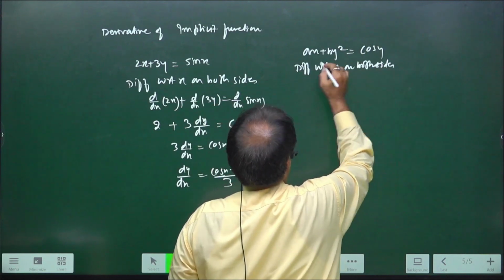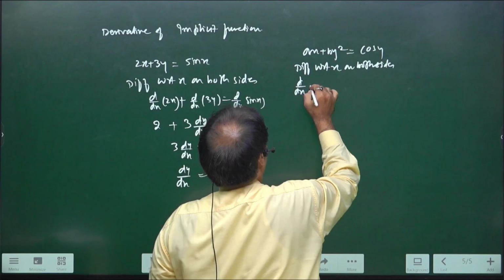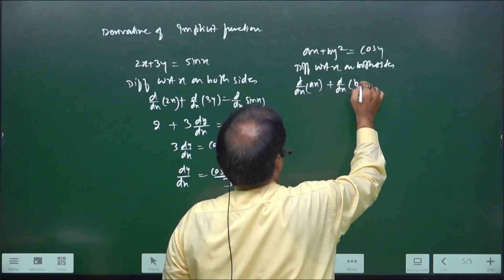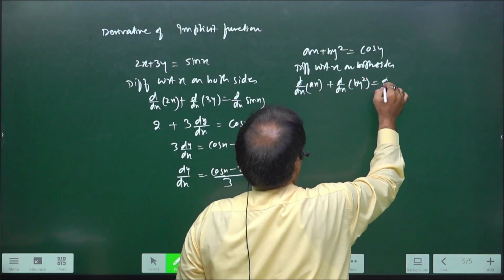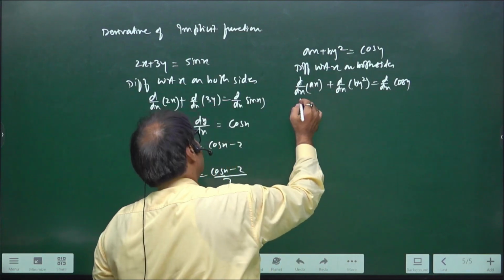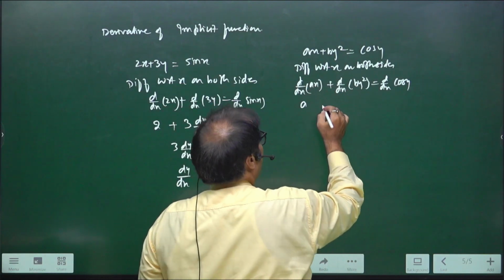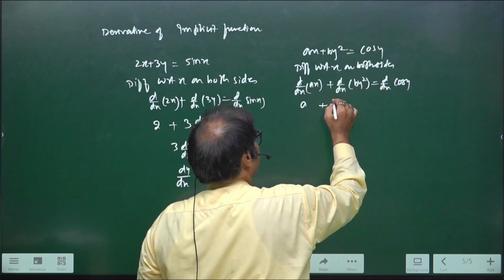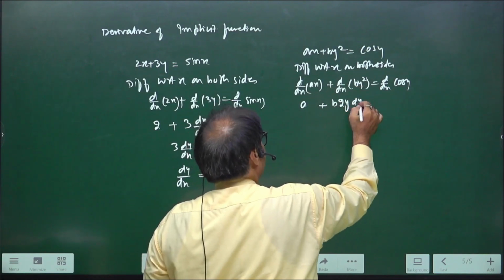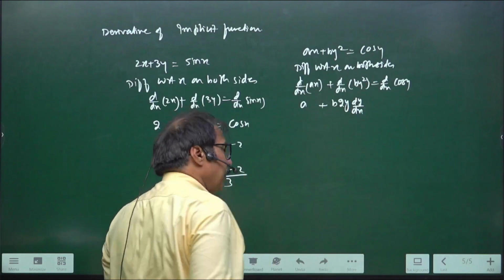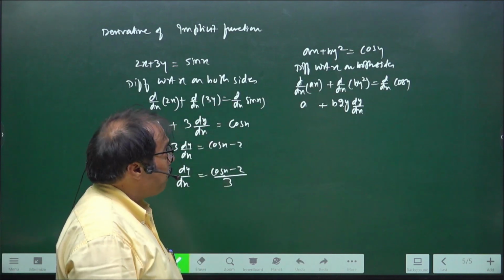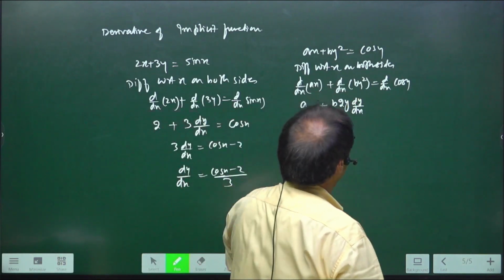So d by dx of ax plus d by dx of by square and d by dx of cos y. d by dx of ax means a, and b is constant, and the derivative of y square is 2y into dy by dx, by applying the derivative of x to the power n formula.